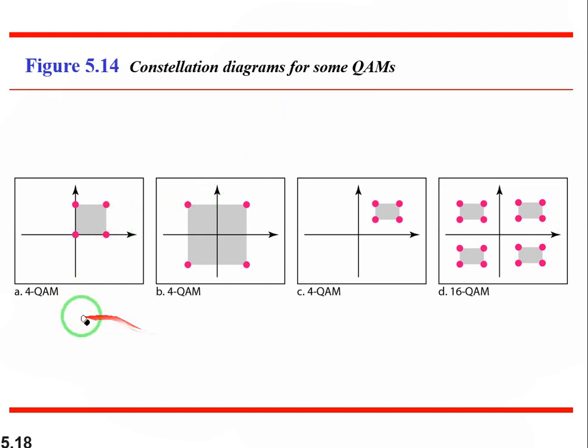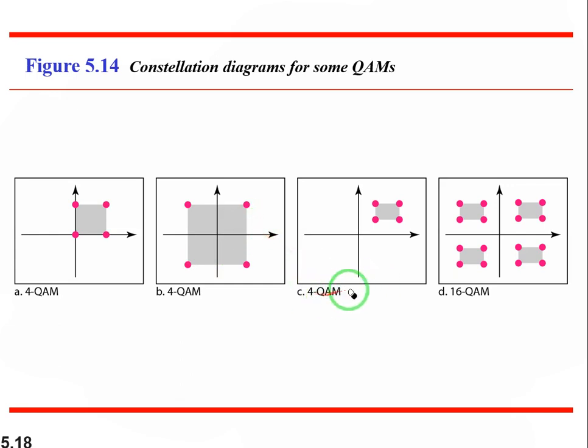So in figure A, 4 QAM. 4 QAM means we have 4 different signal elements. This is a simple one, just like ASK, amplitude shift keying. Then coming to the other 4 QAM. It is just like quadrature phase shift keying, if you can see.